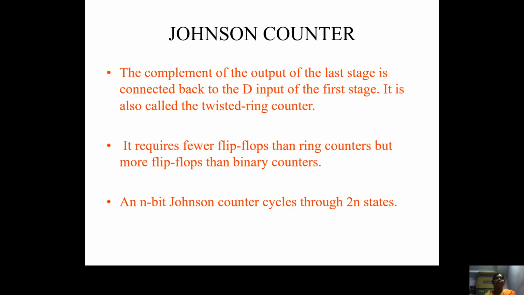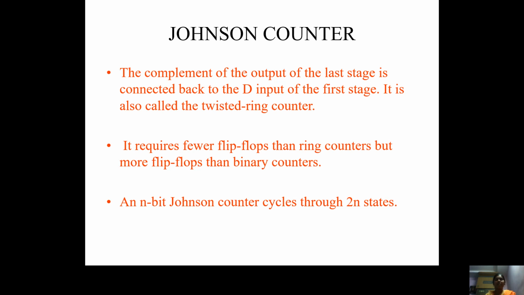That is the only difference between binary counters and Johnson counter. But the advantage over the ring counter is that it requires only 4 flip-flops to count the 8 states, whereas in a ring counter we need 8 flip-flops to count 8 states.